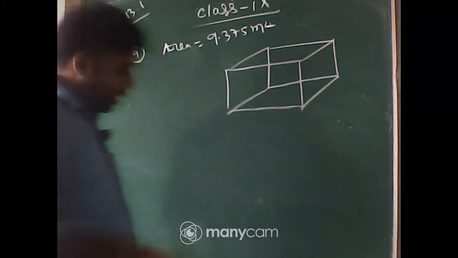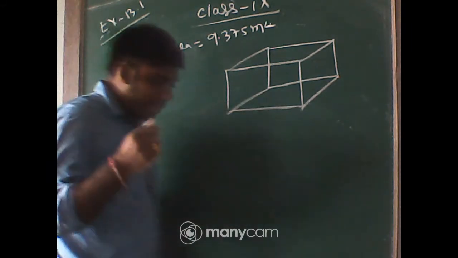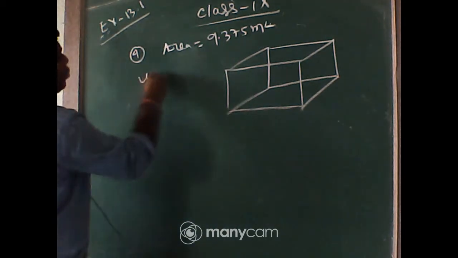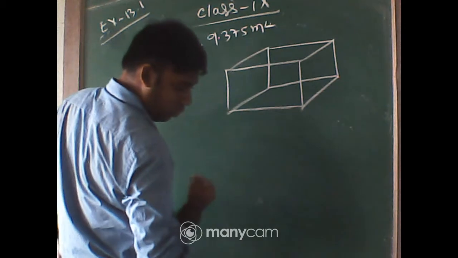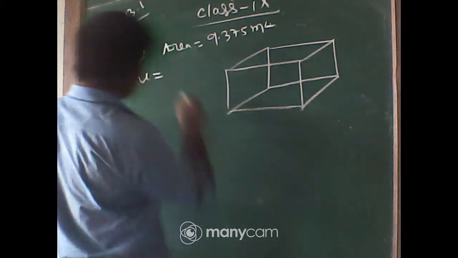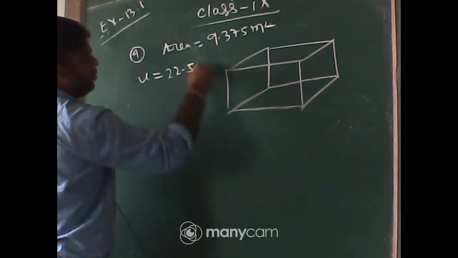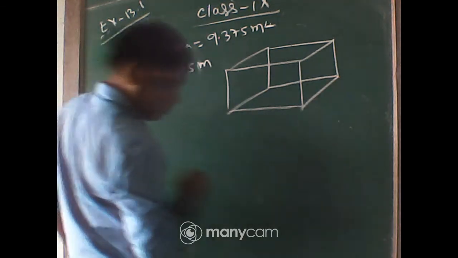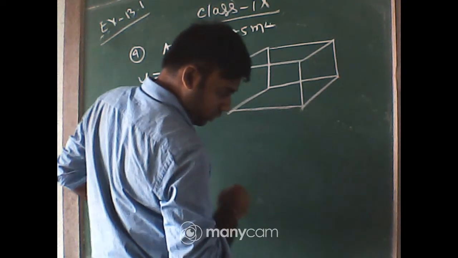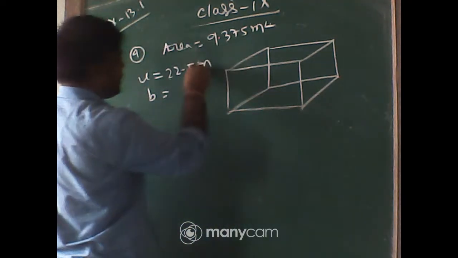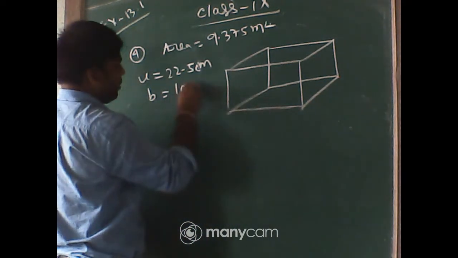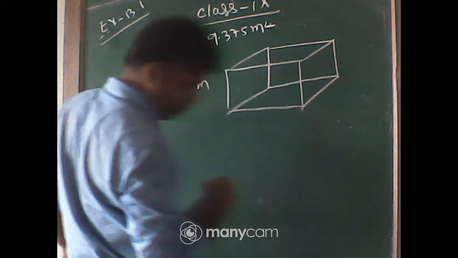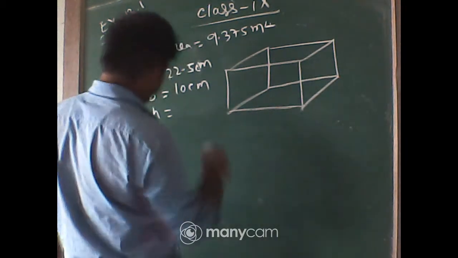Now some bricks are given. The length of the brick, L, is equal to 22.5 centimeter, breadth equal to 10 centimeter, and height equal to 7.5 centimeter.